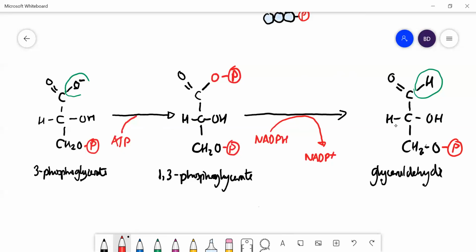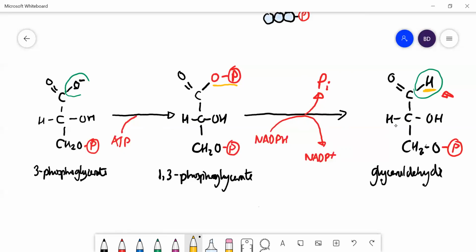But you notice that the phosphate that was on carbon number 1 has gone. It comes off as an inorganic phosphate. Splitting that inorganic phosphate off is very exothermic, and that compensates for the endothermic bit where you're reducing that.